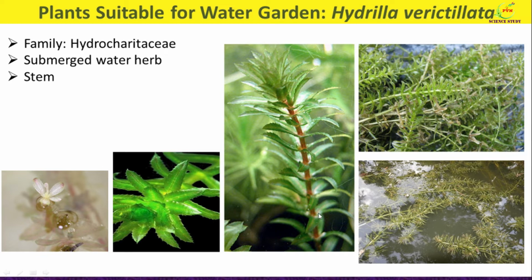The plant shows slender stem having nodes, internodes and fibrous roots at each node. These are the leaves of the plant. Leaves are small, sessile and whorled with linear lamina and acute apex like this. Here you can see flower of Hydrilla plant. Hydrilla is dioecious with minute male and female flowers.